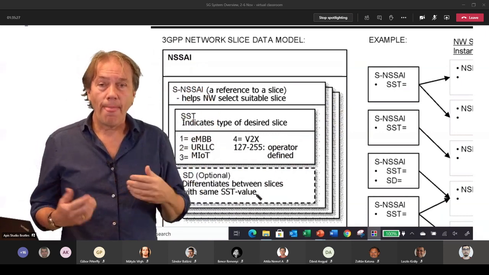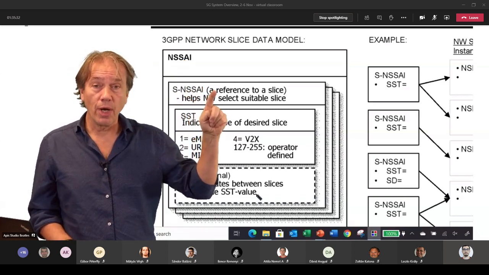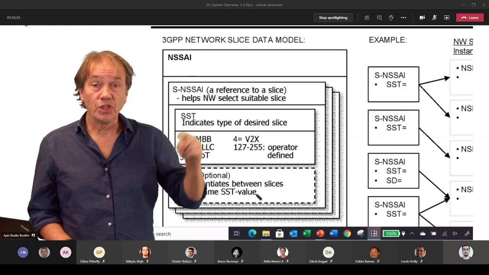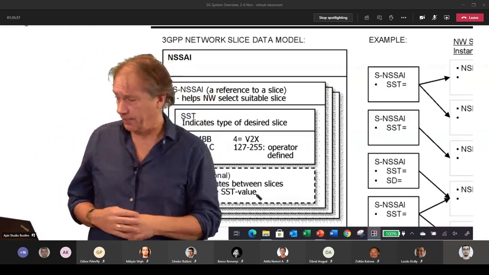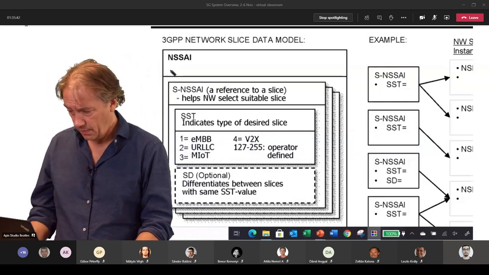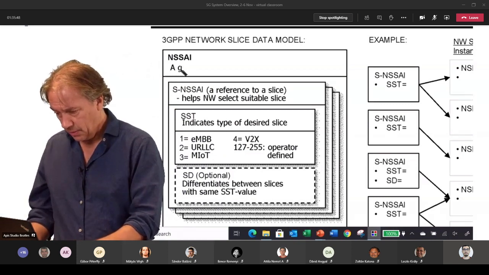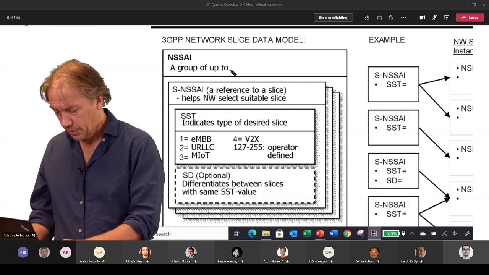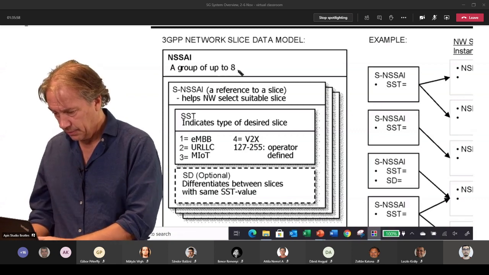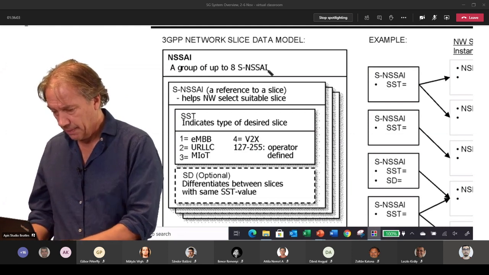So NSSAI simply means 1 or 2 or 3 or up to 8 of these single NSSAIs. A group of up to 8 SNSSAIs.